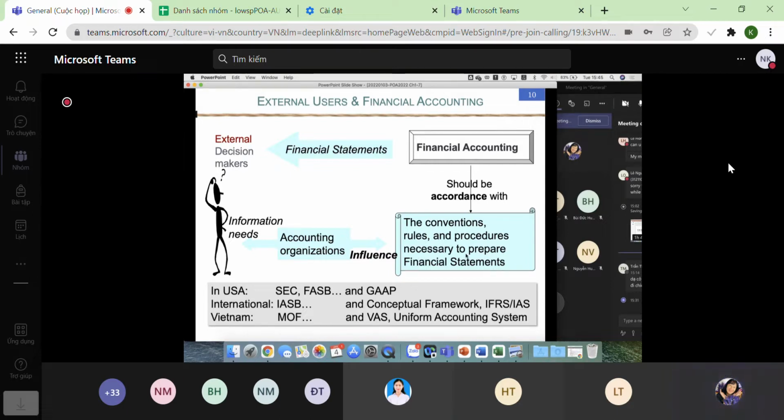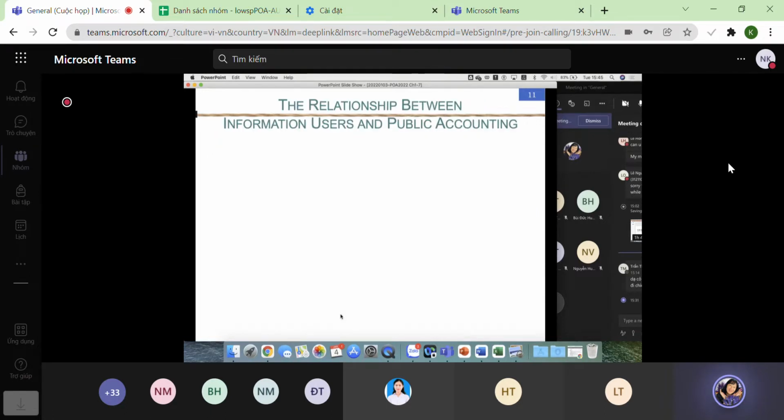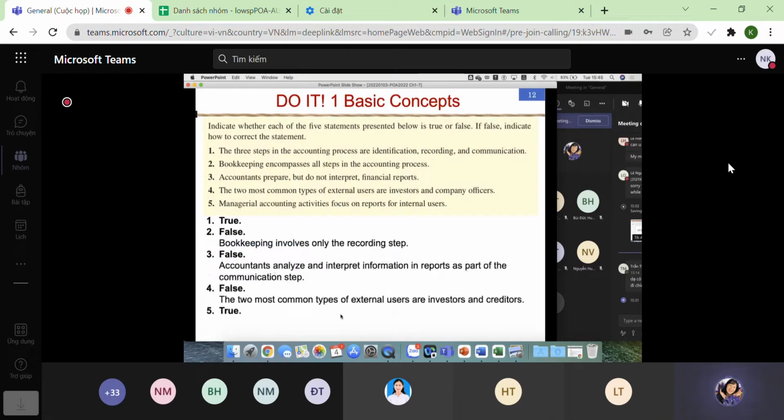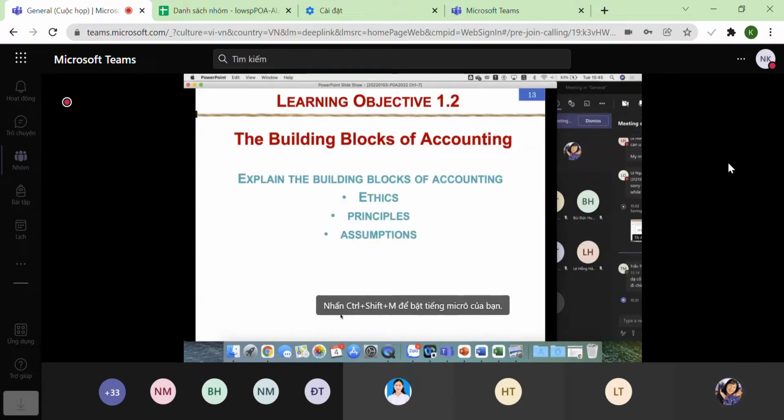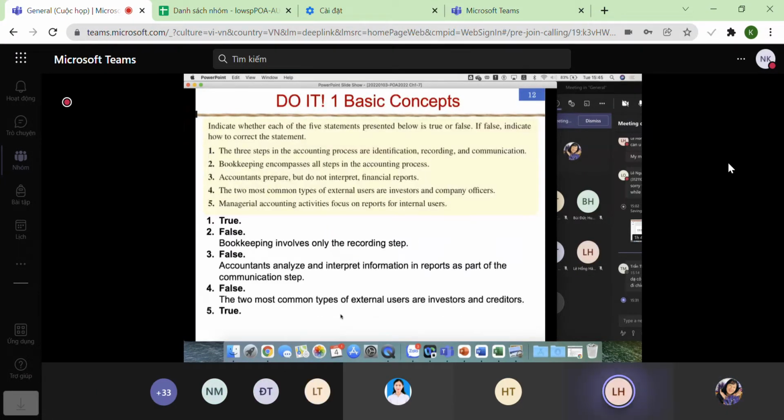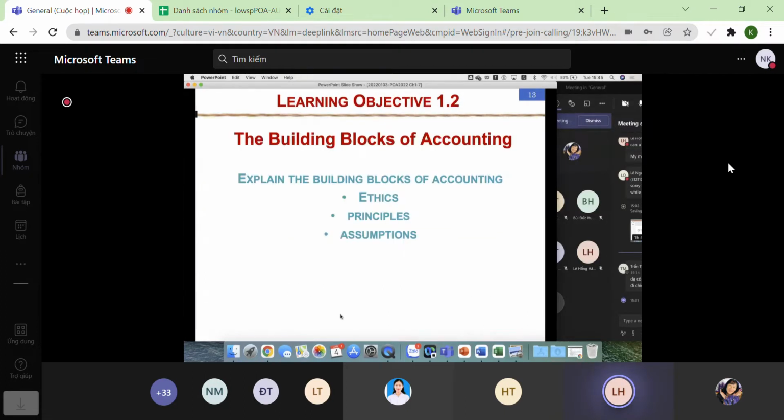The accounting organization that we base most on, we have the building blocks of accounting. Based on the building blocks of accounting, the accounting organization will build up the standards of accounting, or accounting standards.